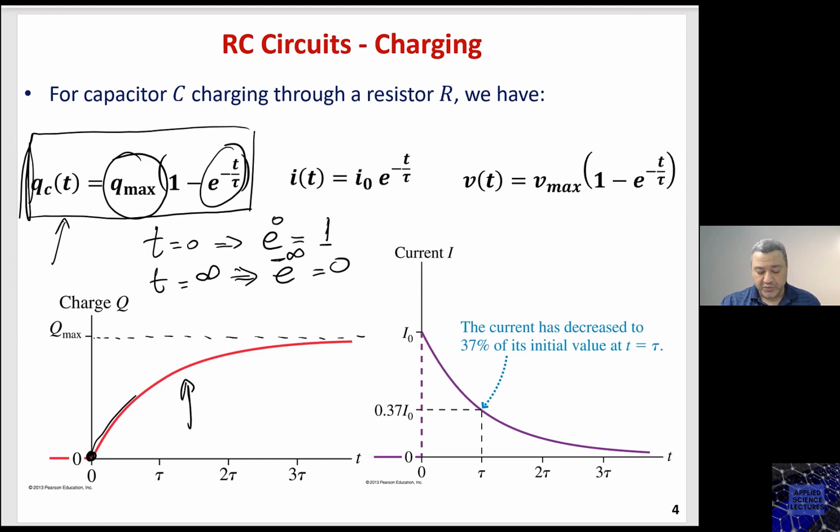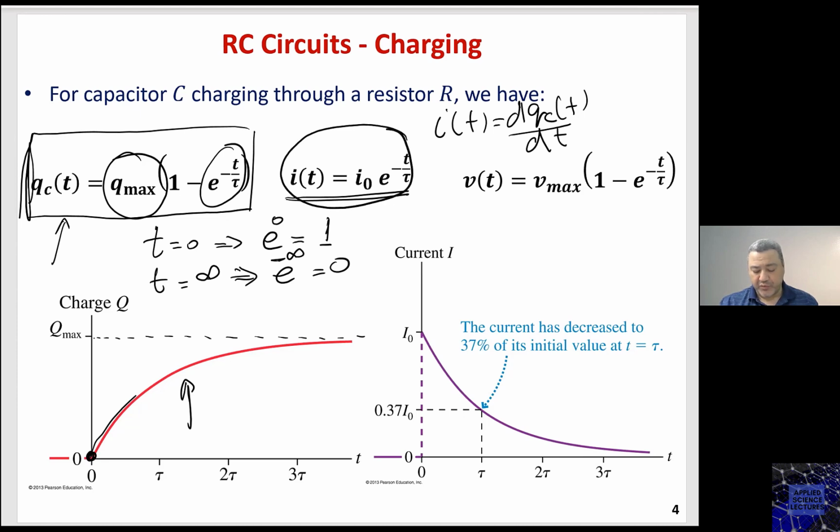Now, if you want to derive the current, you need to take the derivative. It is equal to dqc(t) over dt. So differentiate it with respect to time. It will give you this function, where I naught is the I maximum, which is the value at the moment when the switch is closed, I get maximum current, and then it starts to decrease exponentially.